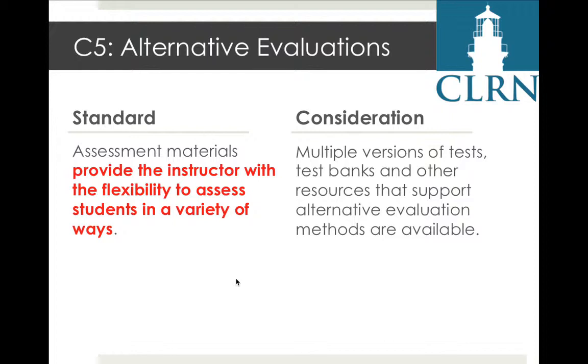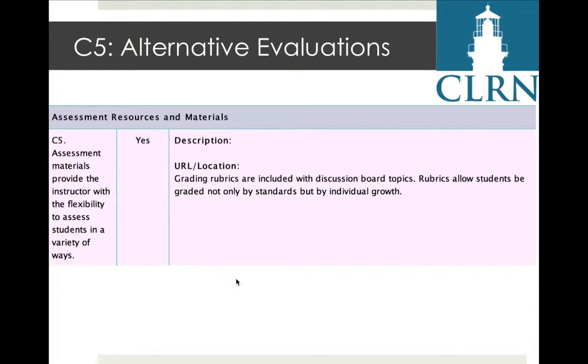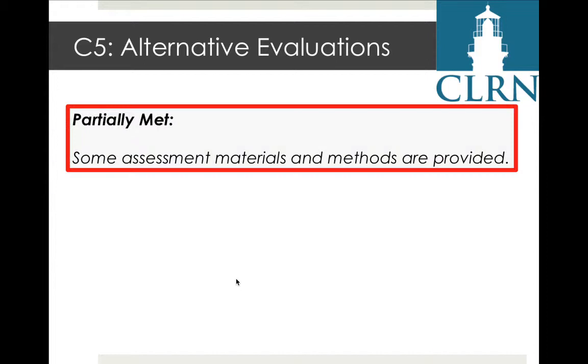This standard states that the course provides instructors with the flexibility to assess students in a variety of ways. The consideration suggests several ways the standard may be met, including multiple versions of tests, test banks, and supplemental assessment resources that are available to the instructor. Publishers provide a URL or location where the alternative assessment resources may be found.